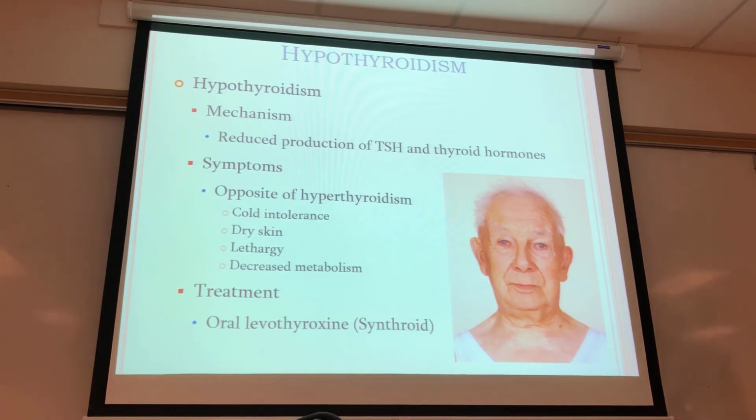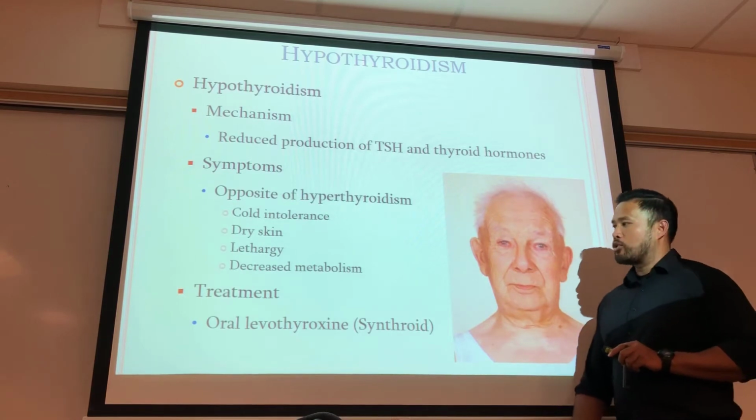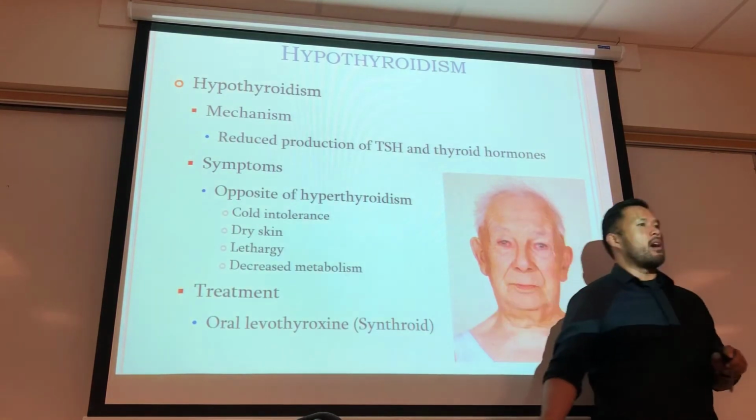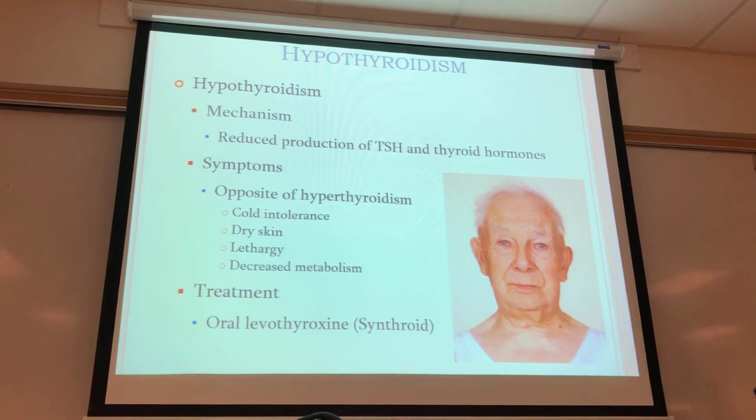But one of the drugs that they can give for people that can't produce enough T3 and T4 is a drug called levothyroxine, also known as Synthroid. Give them Synthroid and watch their metabolism come back to normal. They stop feeling cold, their metabolism comes back up, their heart rate goes back to normal, the symptoms of depression start to go back down. Those are people that have hypothyroidism because their thyroid won't produce it.